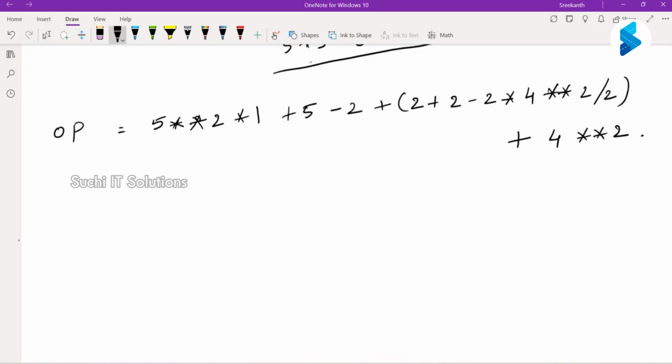What is the output for this? Apply the same BODMAS rule.